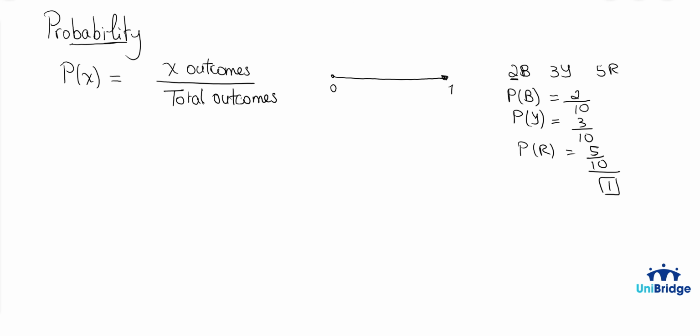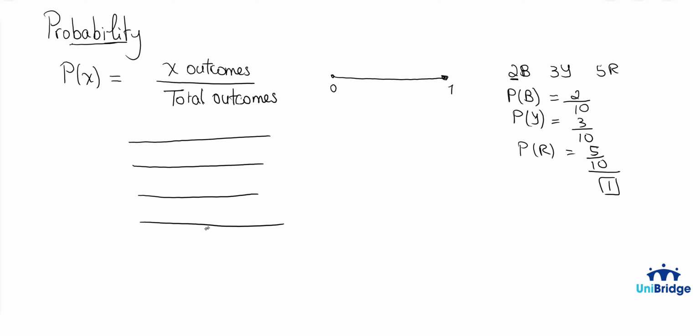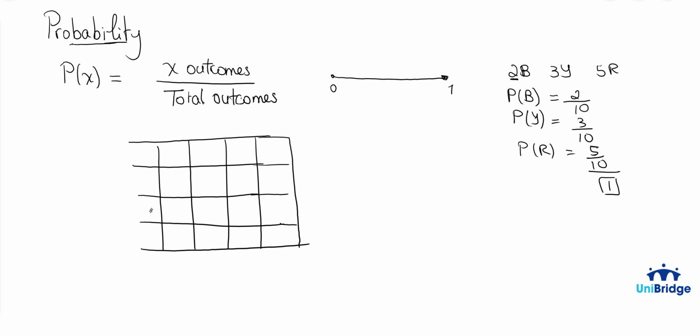So this is a brief introduction about probability, but for the SAT, usually the probability will come in a table. So let's do this table. Let's say you have the population of a certain university, divided into males and females. You have some from 16 to 18, some from 19 to 21 years old, and some who are 22 or more.